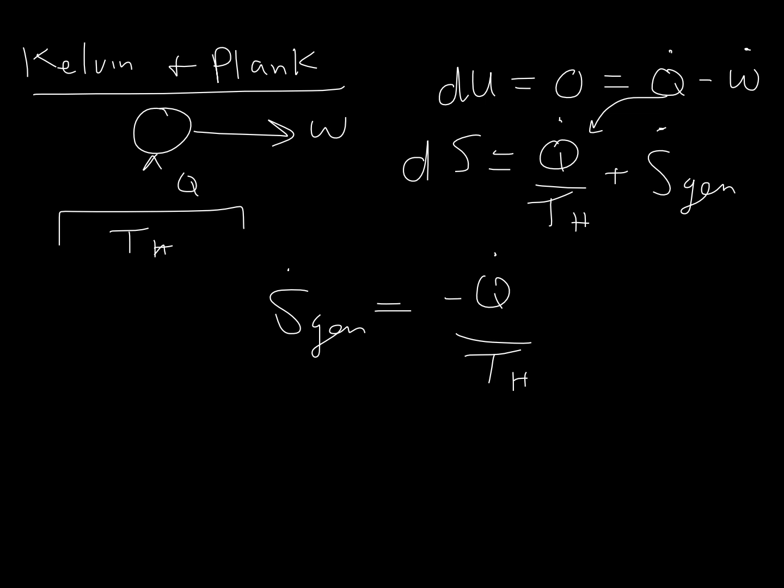So that's a one-way street for the Q. You can take work, right? Work can go directly into heat, because that's a negative Q. So that means if we draw the arrow going the other way, this works out. But we cannot have Q going directly into work. Otherwise, the amount of entropy generated is negative. So the only way that this equation here can be satisfied is if the Q is actually going in the opposite direction.